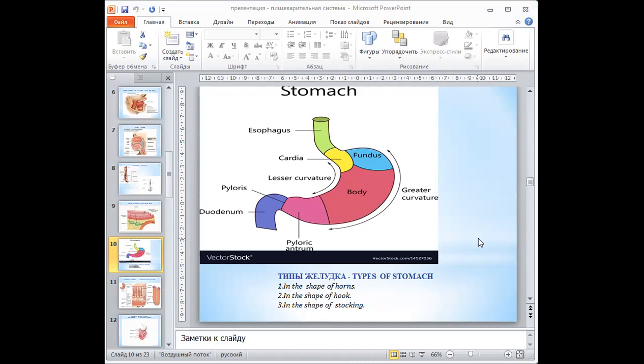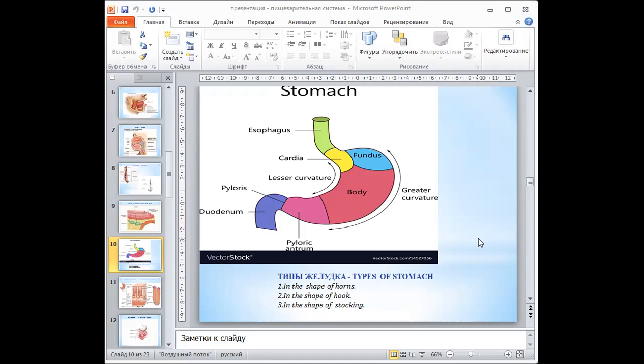The volume of the stomach depends on dietary habits. It may fluctuate from 1 to some liters. The stomach of newborns is 5 centimeters.